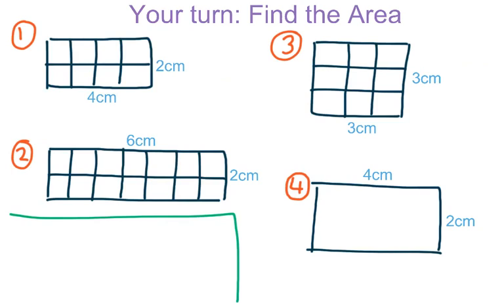So now it is your turn to see whether you can find the area of these shapes. So for each of the shapes, I would like you to firstly just count the squares and write what you think the area of the shape is.